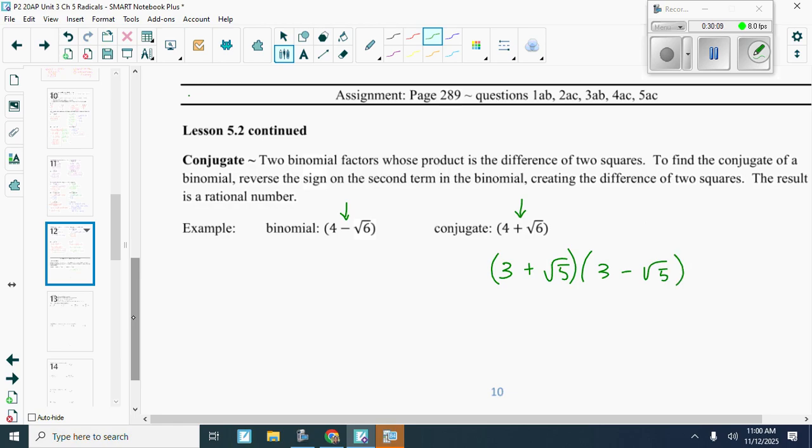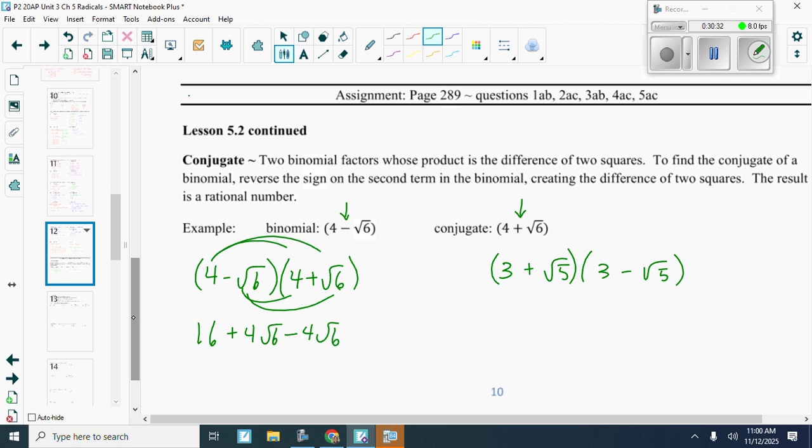The other thing that I want you to recognize is when you multiply two conjugates, the same thing happens, and this is why we choose conjugates. When we distribute this, 16, we have plus 4 root 6, minus 4 root 6, and then times 6.